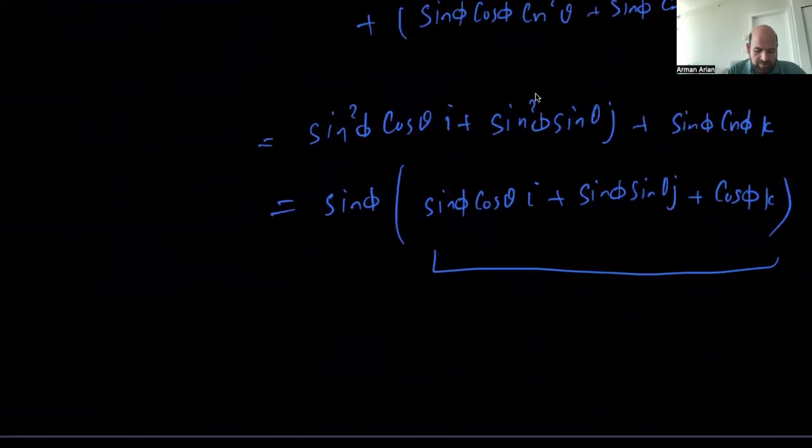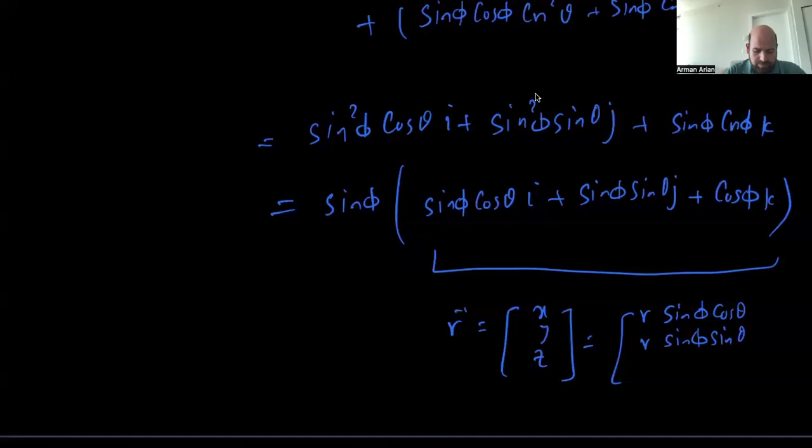If we compare it with the vector r, which is x, y, z, this is r sine phi cos theta, r sine phi sine theta, and r cos phi. So compare it with this one. It's basically the same vector, but without the factor of r.